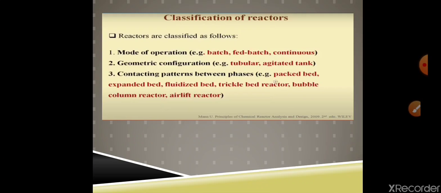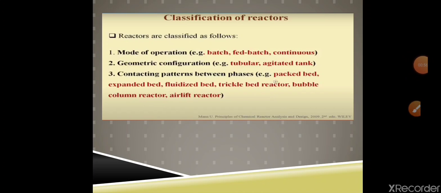Now I will discuss the classification of reactors, and it can be classified into 3 categories. One is mode of operation, second is geometric configuration, third is contacting patterns between phases.